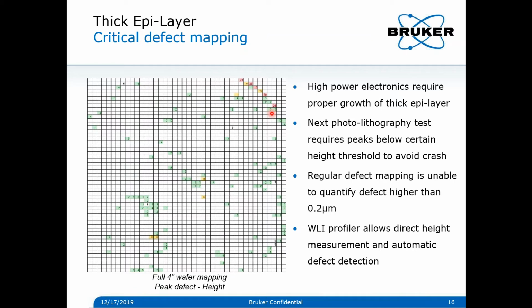When on the process you start to grow thick epi layers, especially for high power electronics, one of the issues you face is that there are inherently some defects that propagate, and those defects become bigger and bigger as the growth of epi layers goes upward.